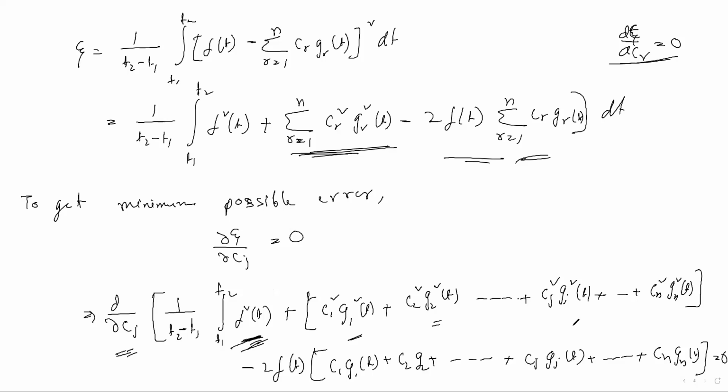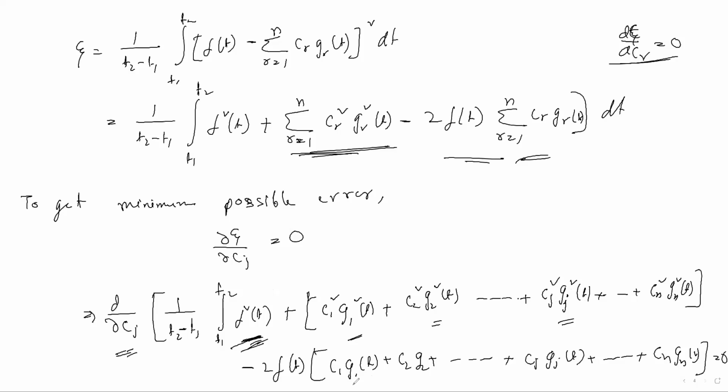Only for c_j squared g_j squared(t) we get twice c_j g_j squared(t).